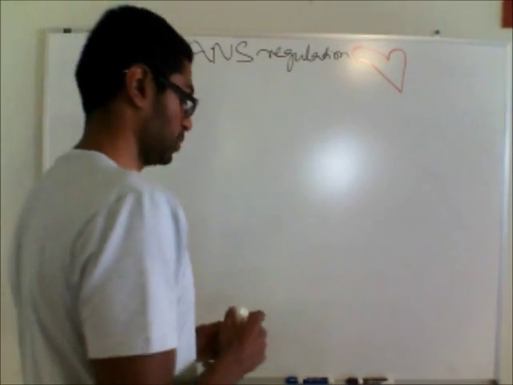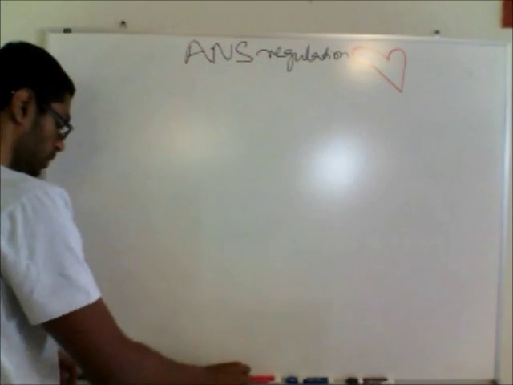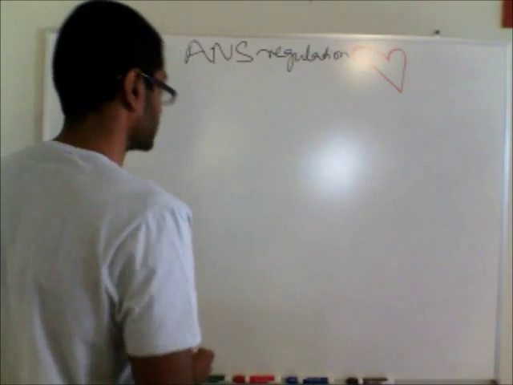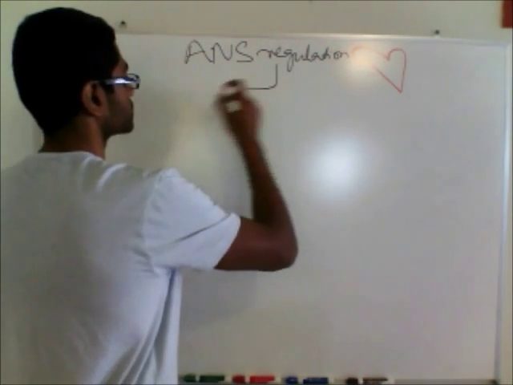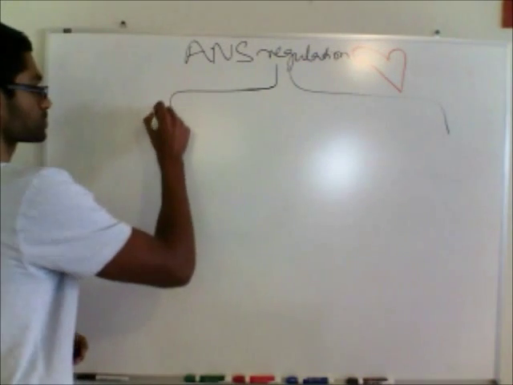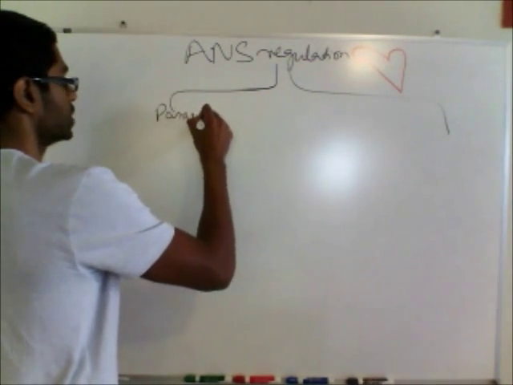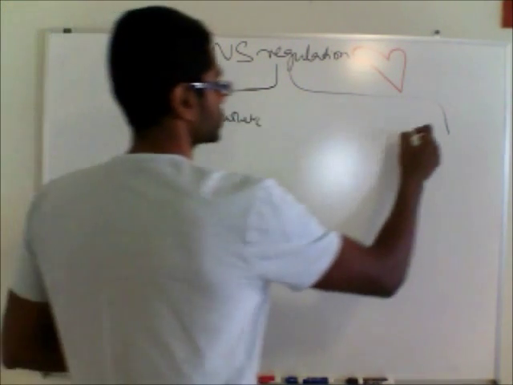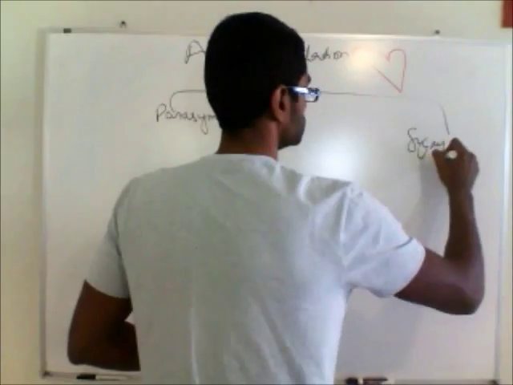So we mentioned that there's two different kinds of autonomic: parasympathetic and sympathetic.